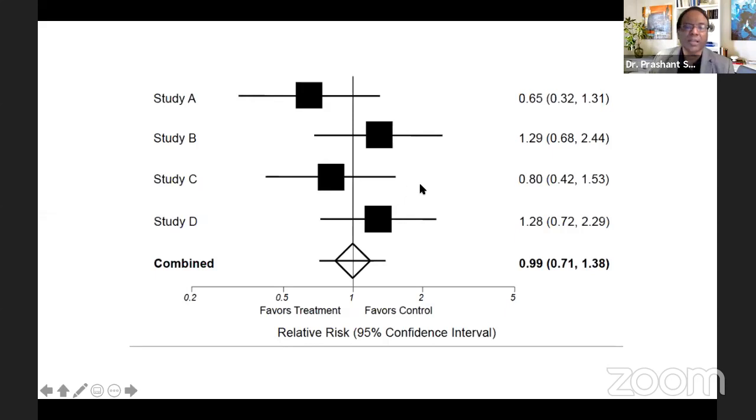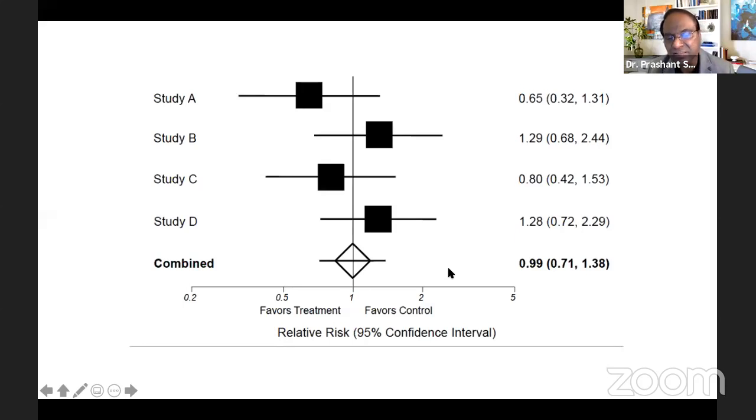Okay? And if you combine these results and present them as an aggregate, you will see that in this case, it is falling exactly at the center of this line, which means that even if you take collectively the result of all these multiple trials, A, B, C, D, you still don't see any treatment benefits.